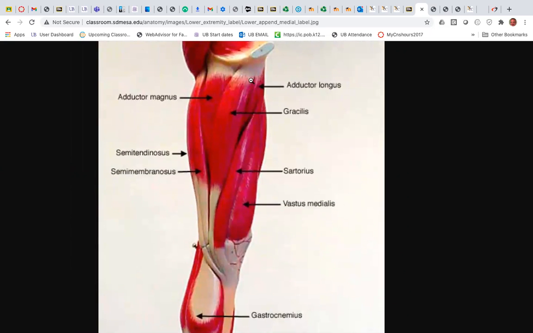So you can see your adductors on the inner thigh. The longest one right here is your gracilis. And look what's anterior to it, sartorius, from the ASIS all the way down. And look at the semitendinosus. Now, when you have the semitendinosus and we follow that tendon from here, here's the belly of the muscle, let's follow it down.